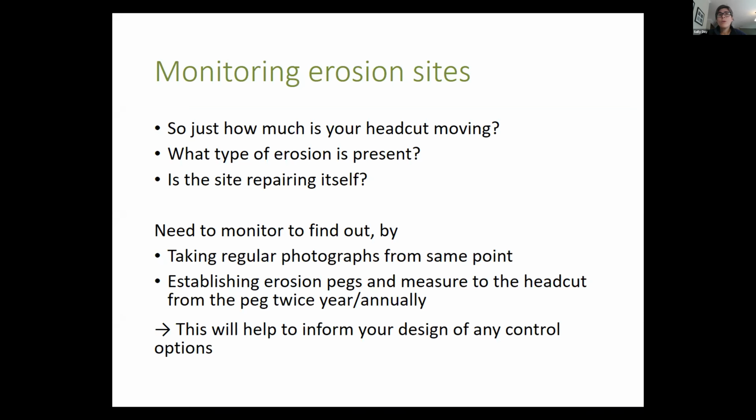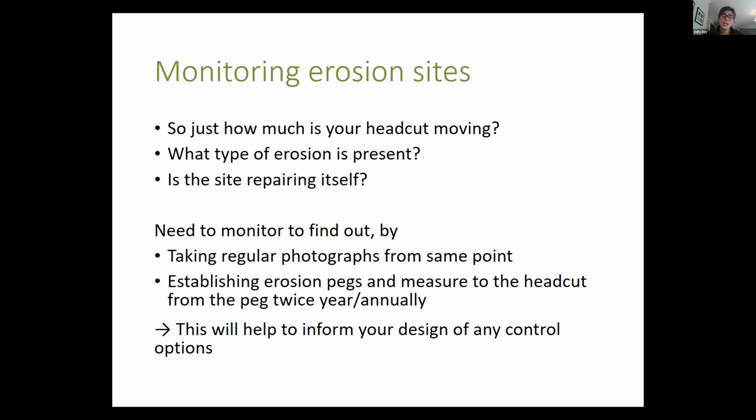So before we actually start to assess what we need to do to repair and potentially fix an erosion site, it's really important for us to consider a few key questions about those sites. So the first one is, how much is your head cut moving? So sometimes sites can look really bad. They can be quite raw.